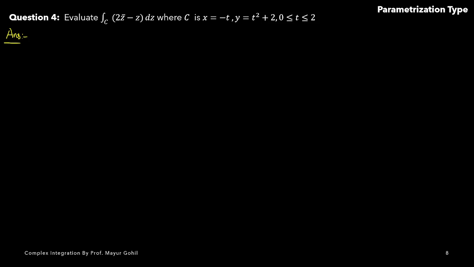Now here, if you observe, almost everything is given to us. We just have to understand how to begin. So first, in this step, x equals minus t and y equals t square plus 2 is given, and the range of t, where t will be taking values, is given. T belongs to the interval 0 to 2, so it can also be written in this equivalent form, t belongs to 0 comma 2.